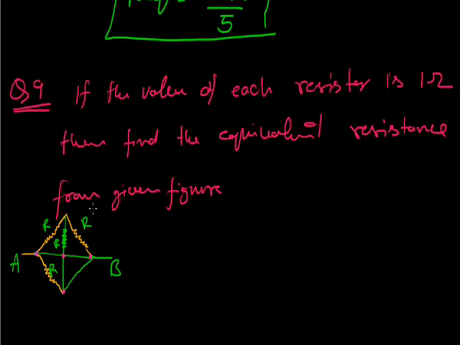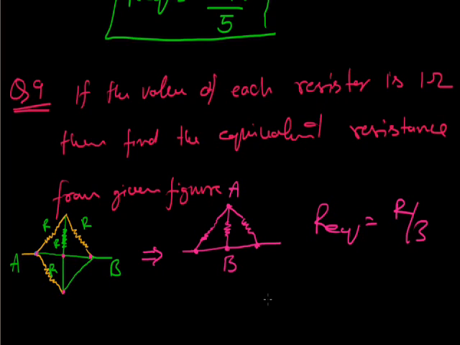So no current is flowing between these circuits, and the equivalent circuit will be: this point is A, and all 3 points are equivalent to B, because this is a common line. So equivalent resistance R equivalent will be equal to R by 3, and here R is given, R is equal to 1 ohm, so R equivalent will be 1 by 3 ohm.